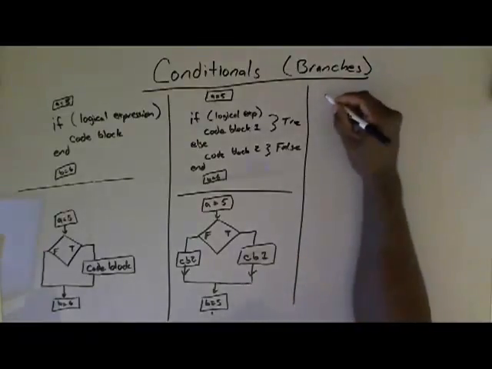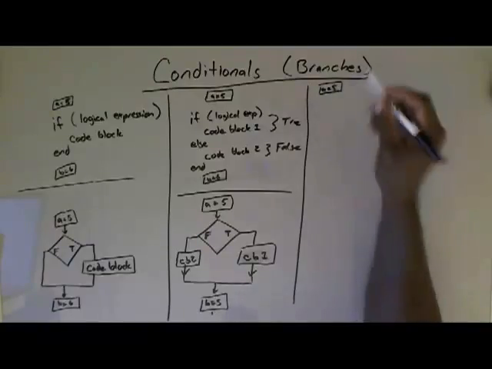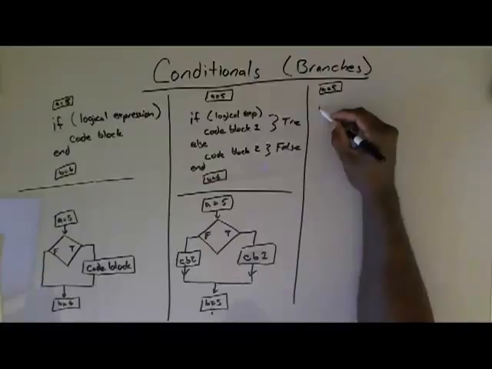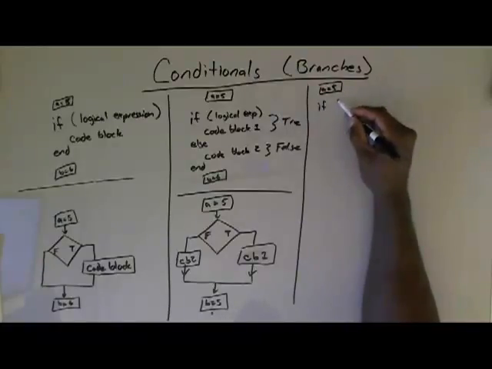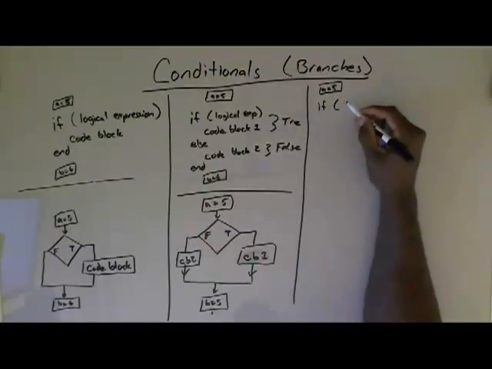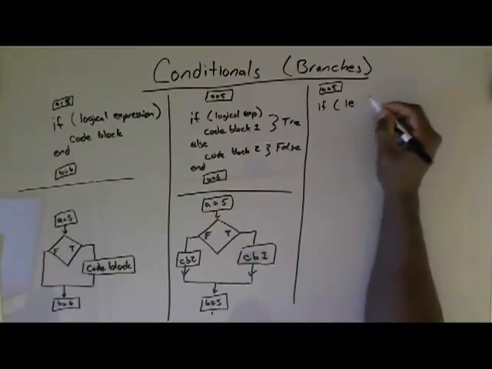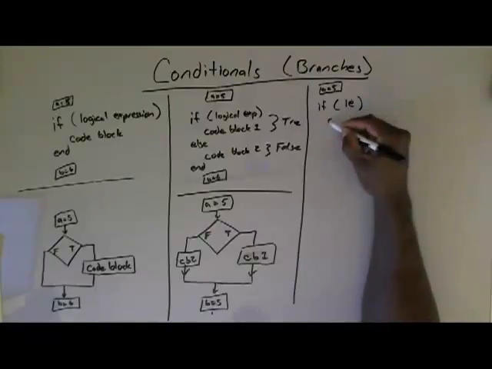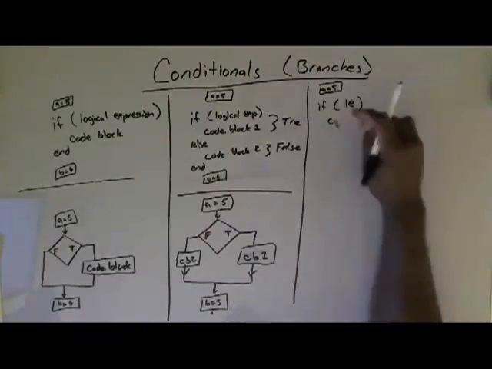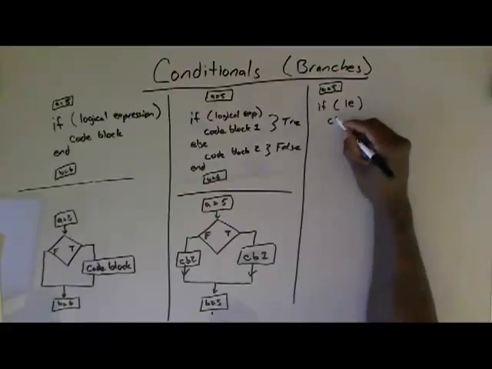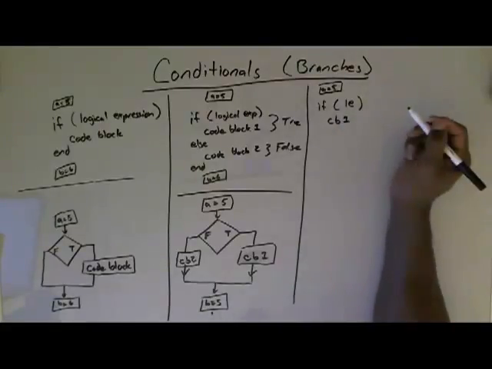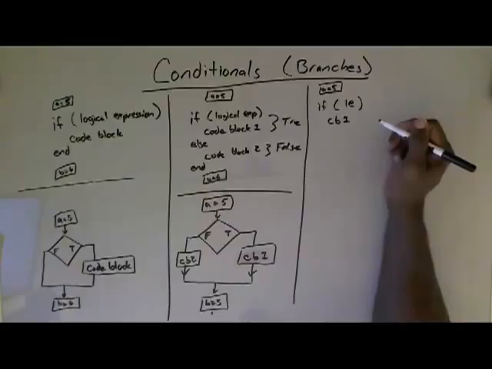Next version, you're going along executing some line of code, and then if, and I'm going to abbreviate logical expression now, LE, if some logical expression is true, you're going to do code block 1. Now this one is very interesting.